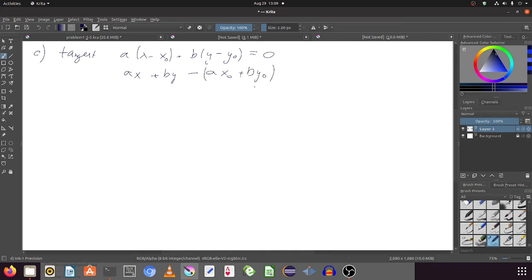This does look like something. It looks exactly like x naught fx, and this of course vanishes since we are on the curve. So it equals minus z fz.